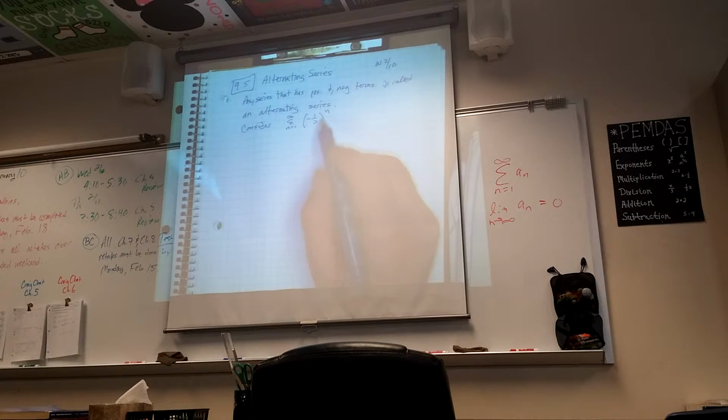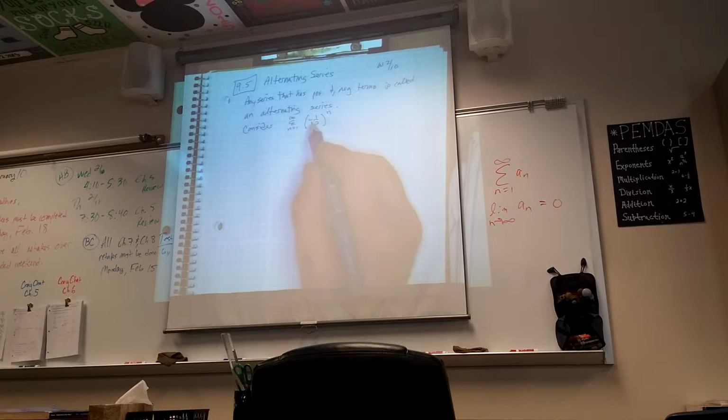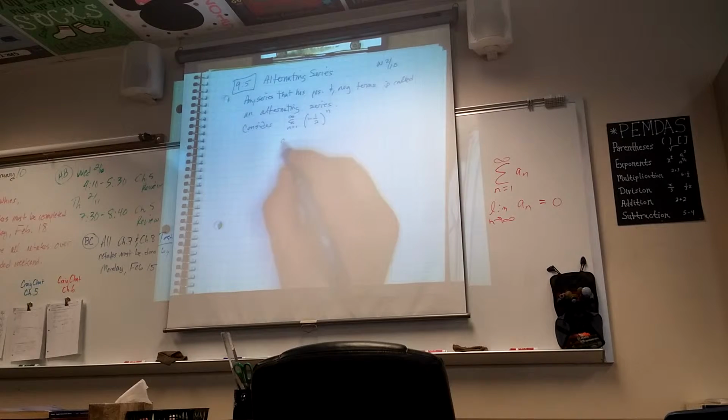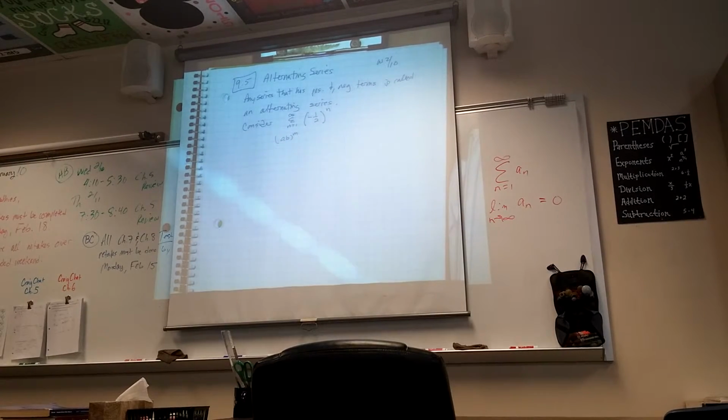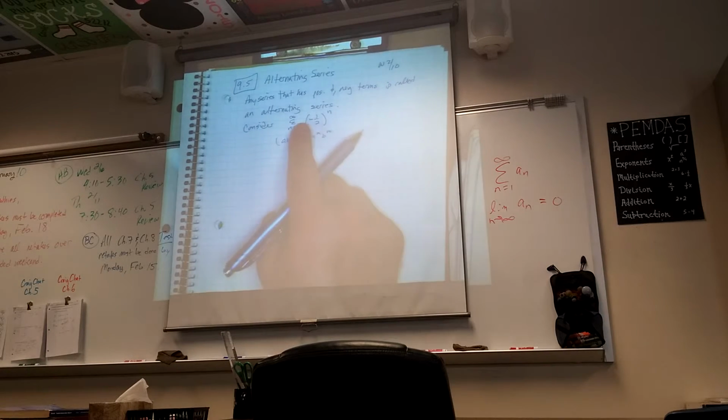Now, what I'm going to do is I'm going to rewrite this because I'm going to factor out a negative 1. Now, what I'm going to be using is this exponent property, that if I have two bases to the same power, I can separate each of those bases to that power. And the bases here are negative 1 and 1/2.